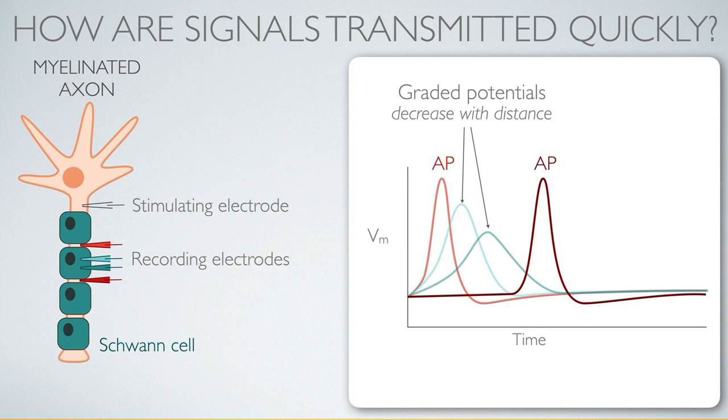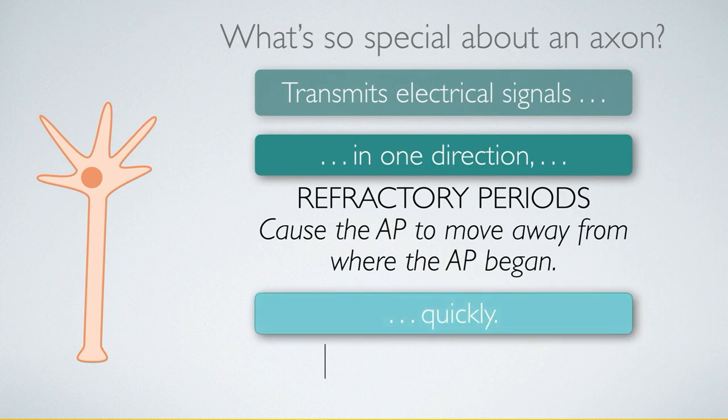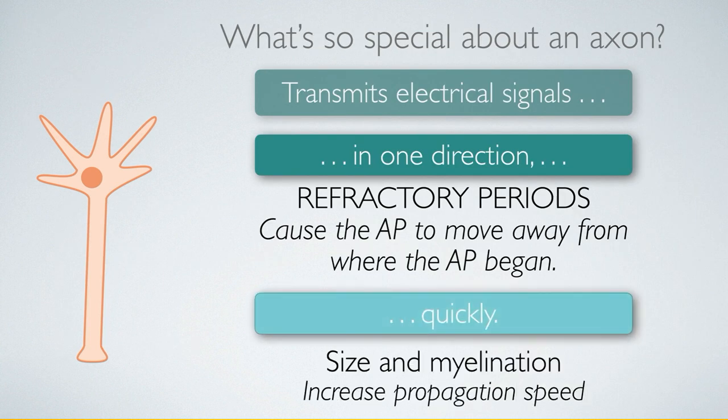So axons generate very high speed through two potential mechanisms. We have this fast propagation that is facilitated by either a large diameter or myelination, or both. In fact, those really long axons between your toes and your spinal cord are both large in diameter and myelinated, which both serve to speed the propagation of action potentials dramatically.